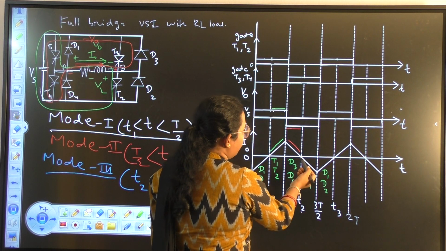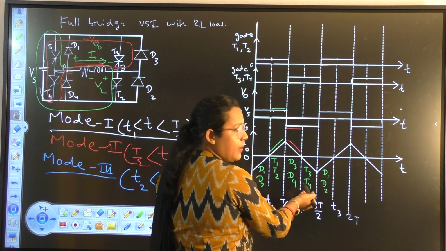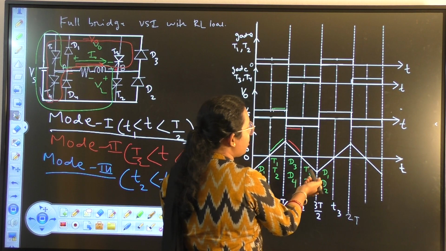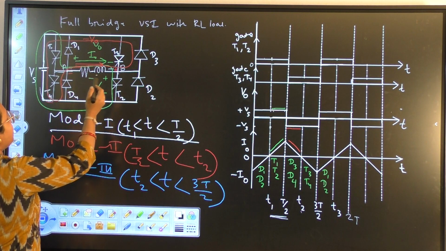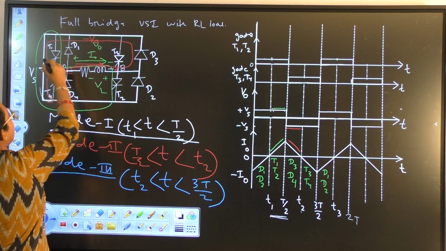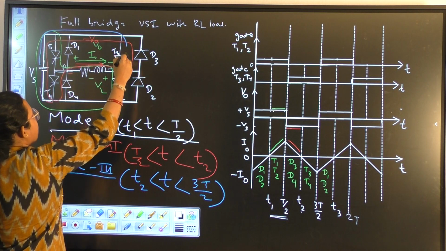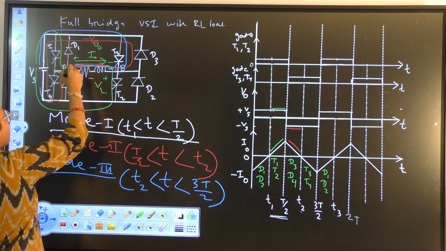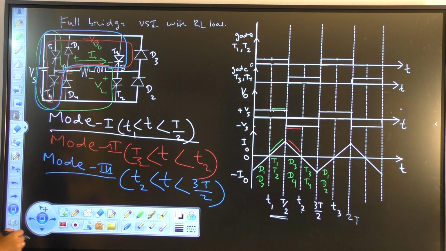So when current goes to 0, T3 and T4 are already on. When T3 and T4 are conducting, current will flow from VS to T3, then from B to A, then to T4, then back to VS.